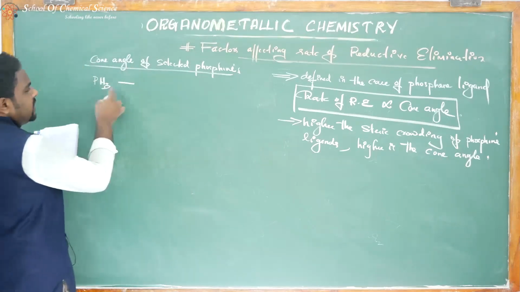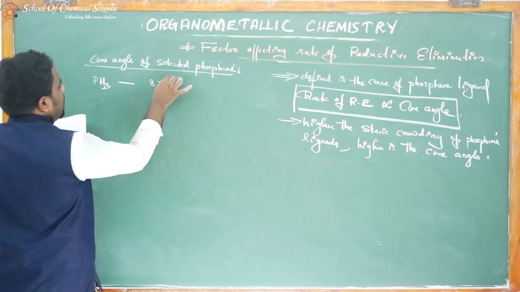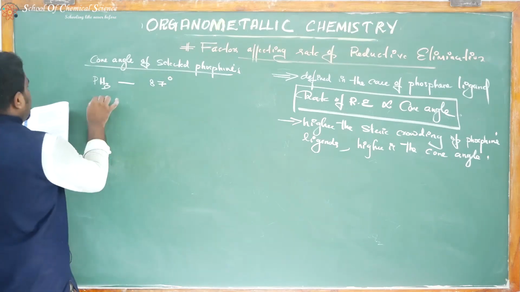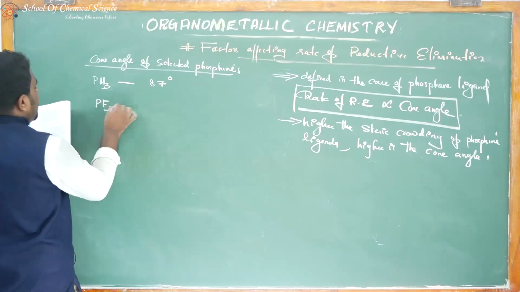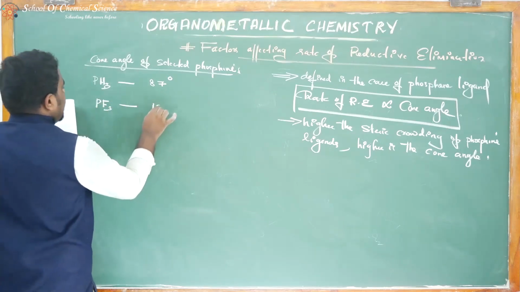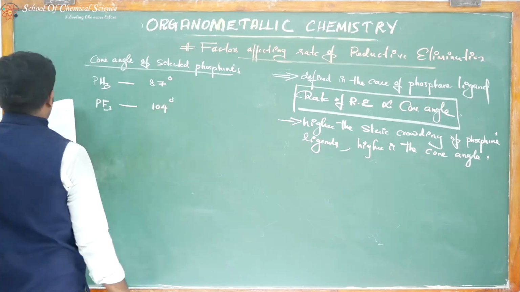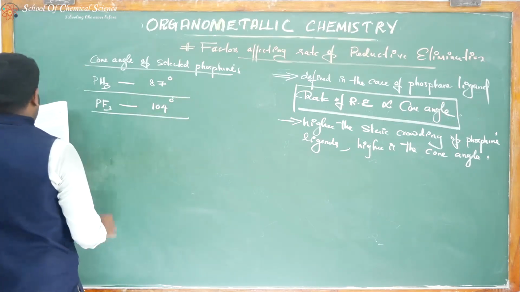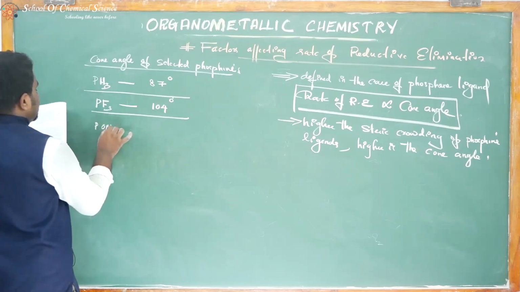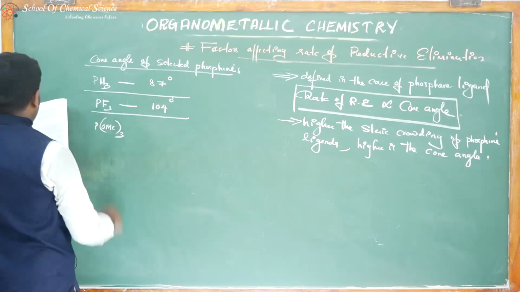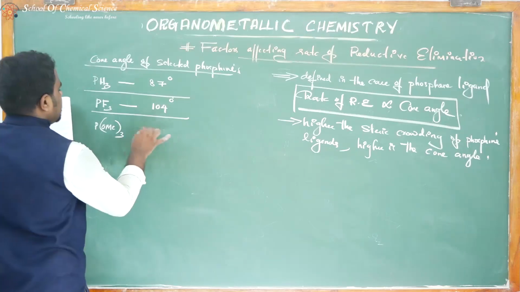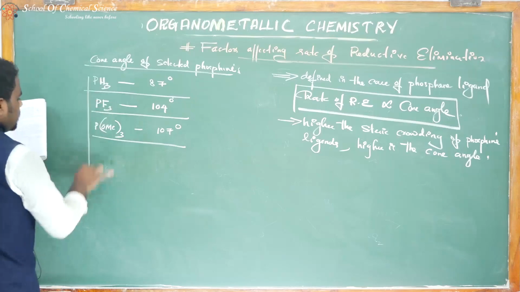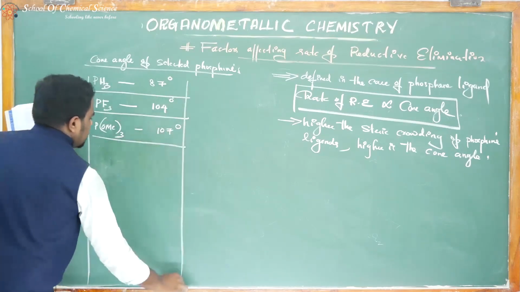PH3, phosphorus with 3 hydrogens, has the least cone angle, only 87 degree. Then hydrogen replaced by the small fluorine, PF3, 104 degree. Then P(OMe)3, comparatively larger, 107 degree.